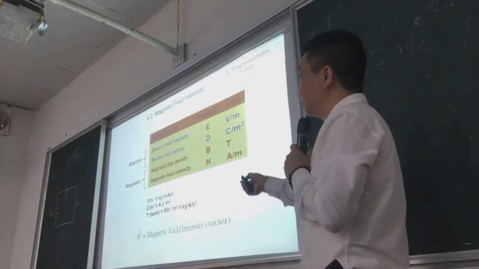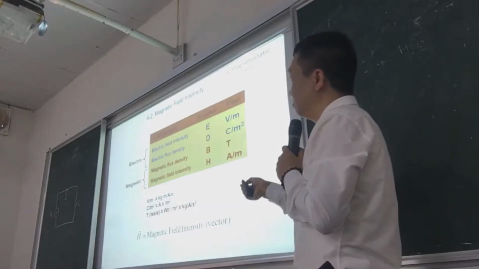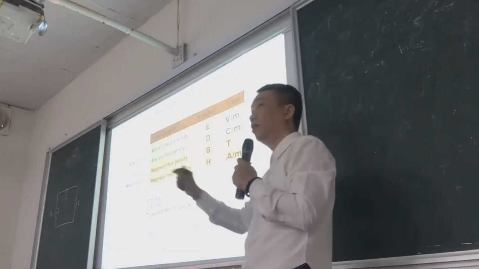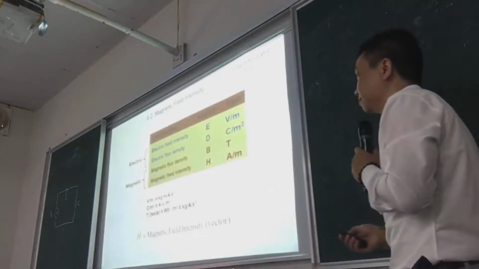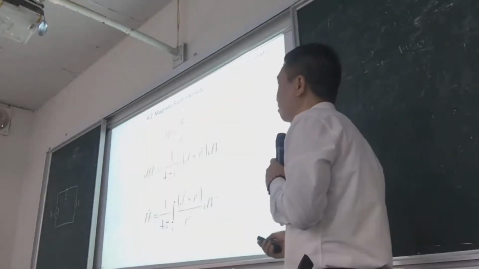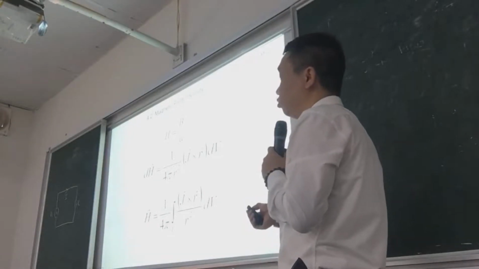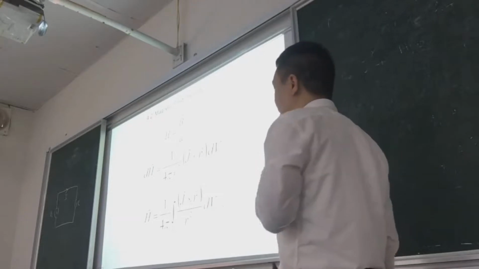Okay, so these two quantities are the most important in our electromagnetic courses. Okay, you should remember this. Here H equals B divided by mu, and mu here is the magnetic constant.